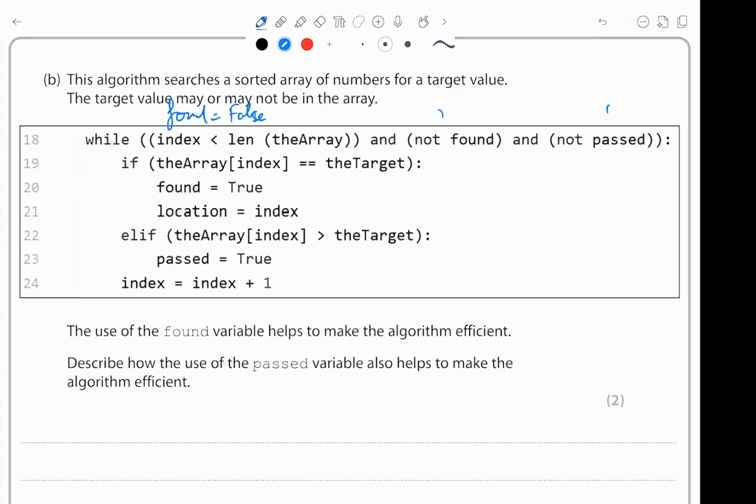However, if this part works, then found equals true, and not found would be false, which would stop it from running.